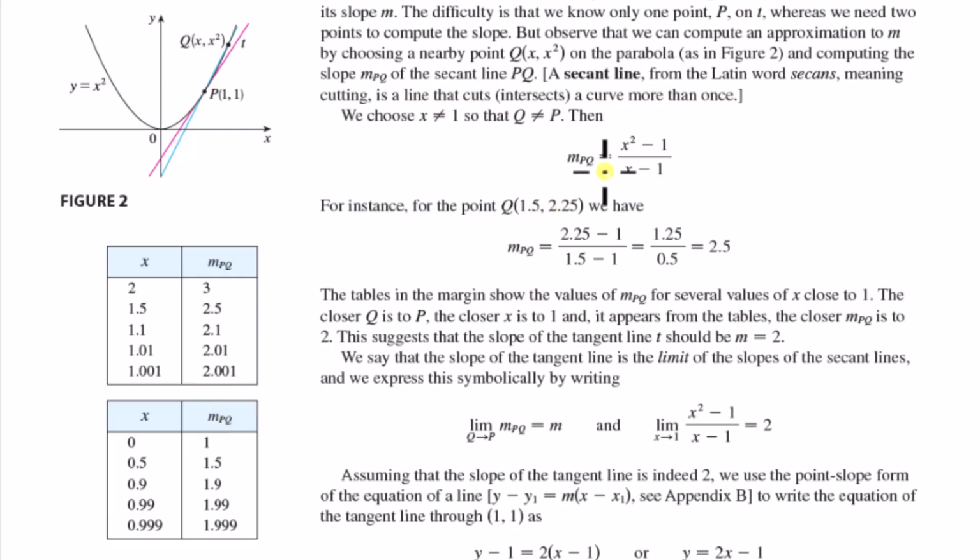And the same idea, if we plugged in 0.999 with 1,000 nines, we would get something like 1.999 with 1,000 nines.